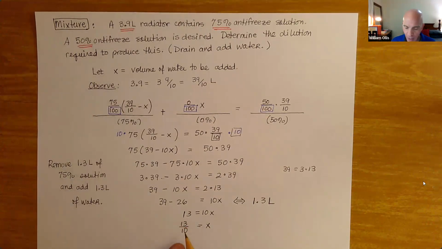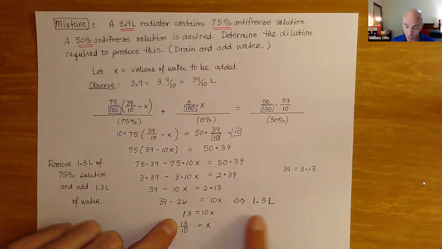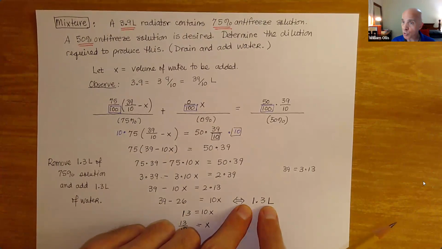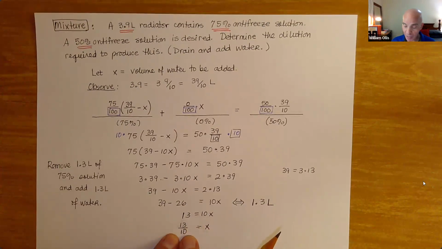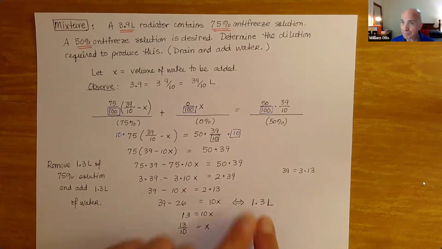But normally, you're fine with writing anything that's equivalent. It just depends on the way the problem is phrased. So again, 13 over 10 is directly equivalent to 1.3.